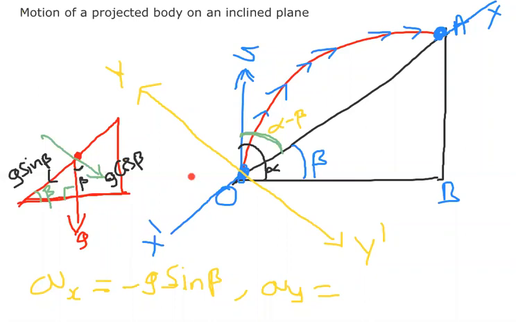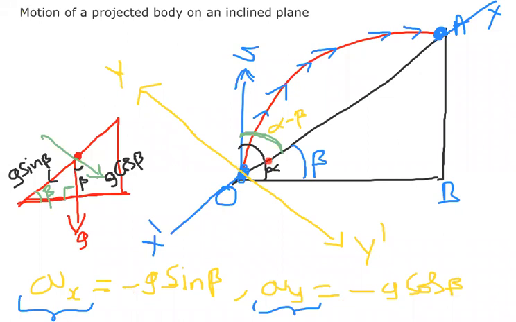Down means I have to write negative, so minus g cos beta. So I have got the value of ax as minus g sin beta and ay as minus g cos beta. I hope you understood why I have taken the sign minus here.